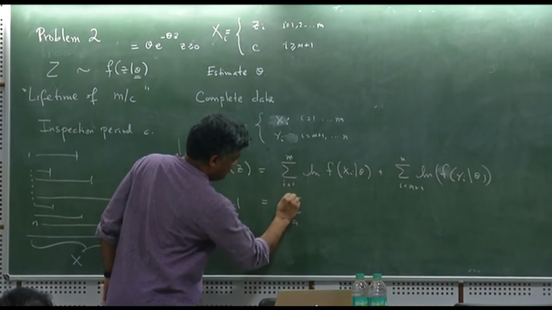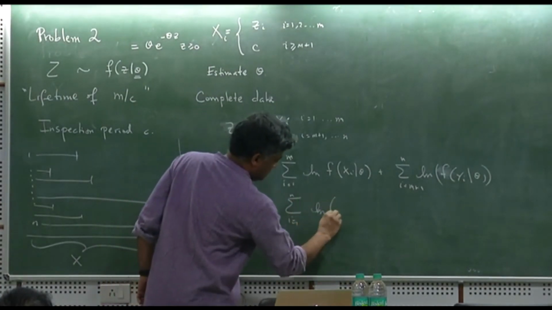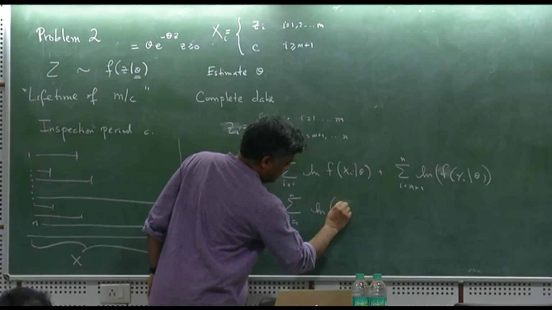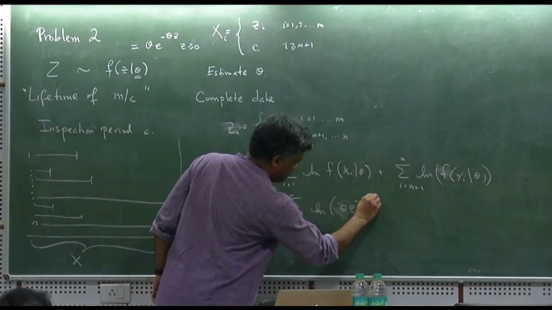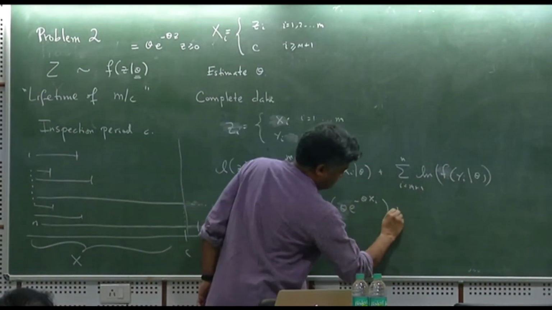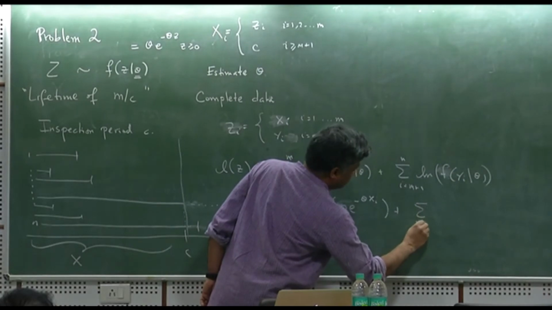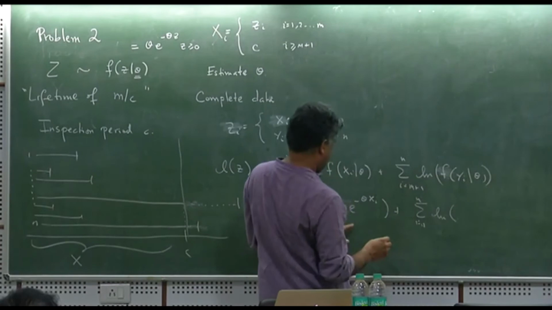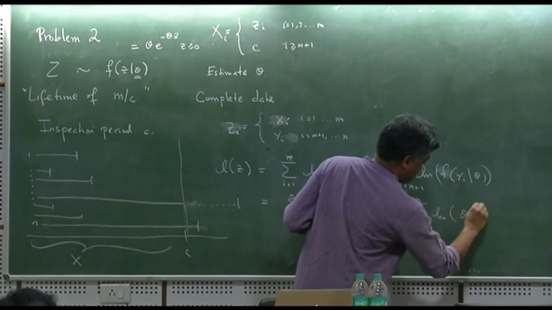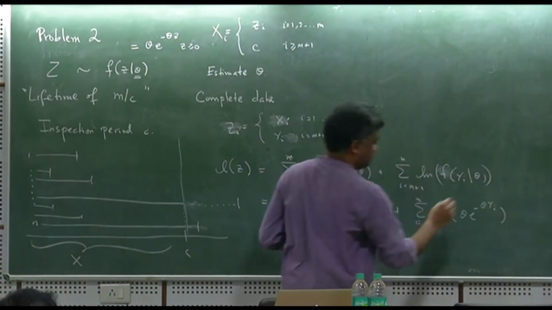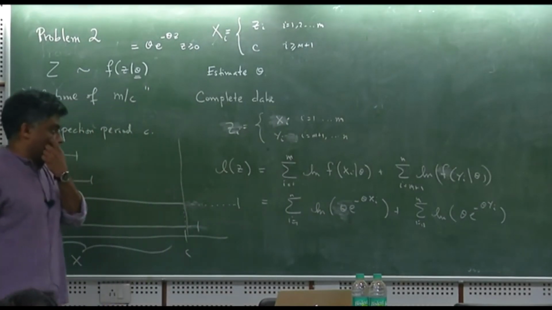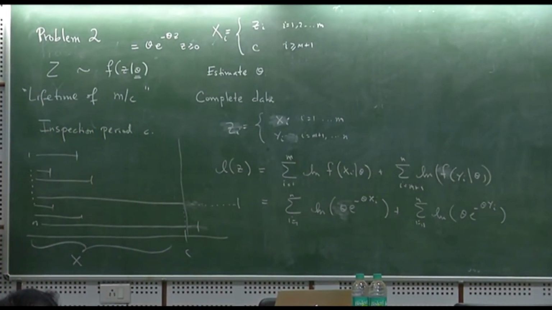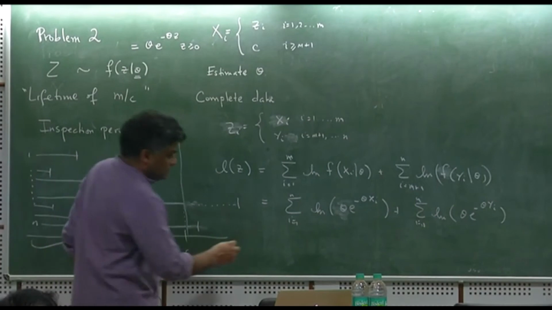Summation of i going from 1 through m, log of theta e to the minus theta xi, plus summation of i going from m plus 1 through n, log of theta e to the minus theta yi. Right? Separate it out.